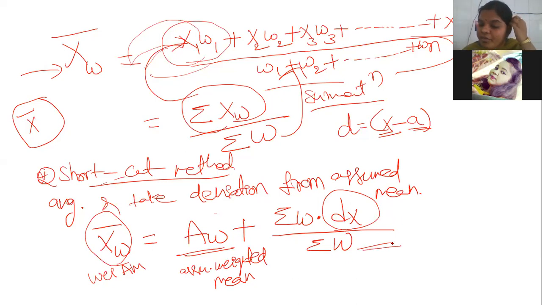Once again, x bar is the weighted arithmetic mean, a w is the assumed weighted mean, dx is the deviation of items from the assumed mean, small w is the weights of various items. If you write down one problem, it is easy to do. Write a problem.